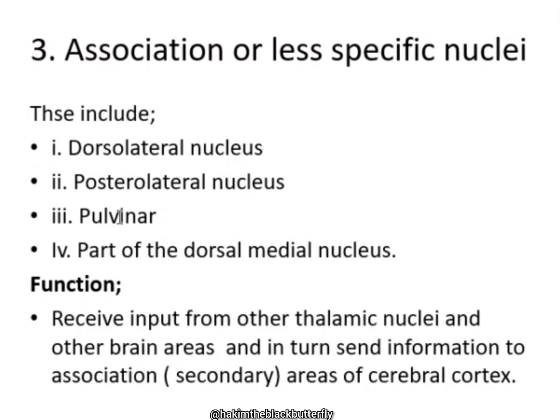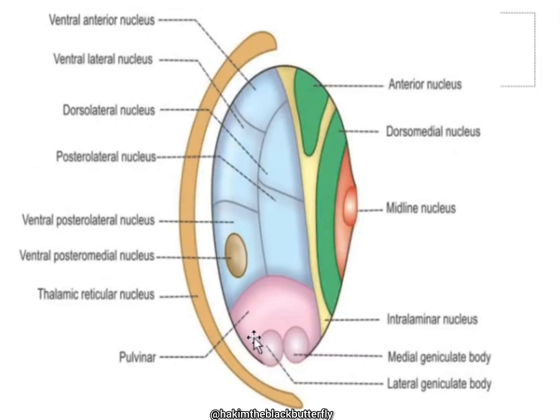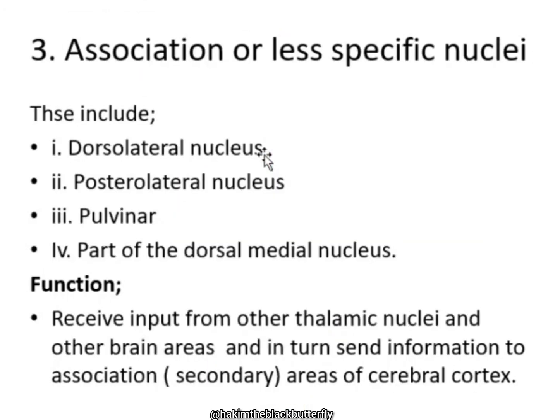Then we have the pulvinar. The pulvinar is part of the posterior nucleus. You can see the posterior nucleus has the lateral geniculate body and medial geniculate body. These are under specific sensory. Then the pulvinar and these two, the dorsolateral and posterolateral, are association, because their information goes to association areas.